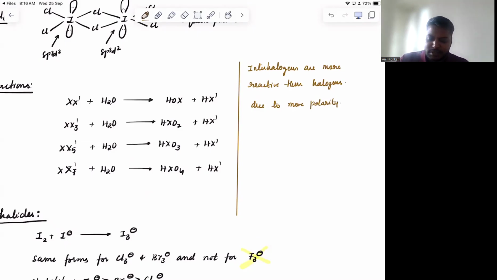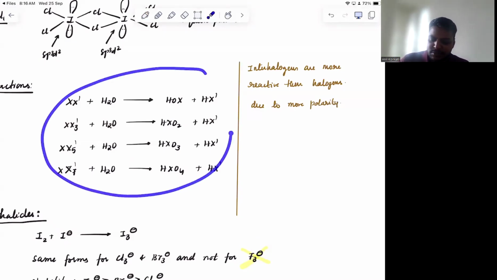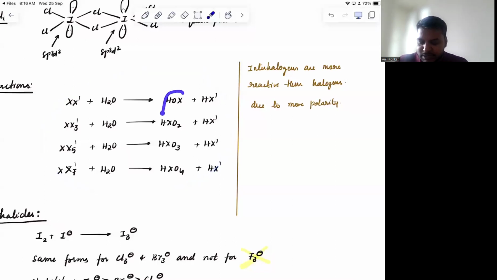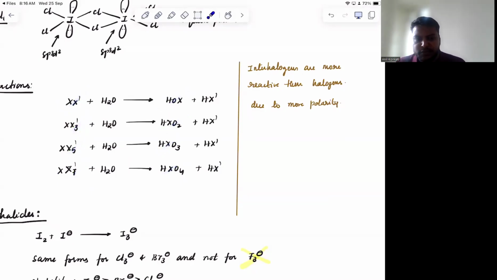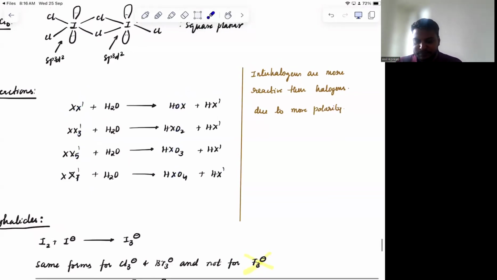If you have this XX dash here, then you will get acids. If you have XX dash added to water, XX3 added to water, XX5 added to water, XX7 added to water, then these are the forms you should have. Clear?